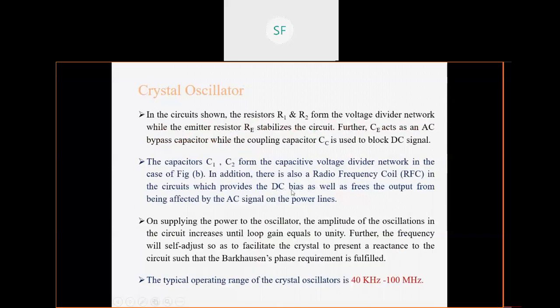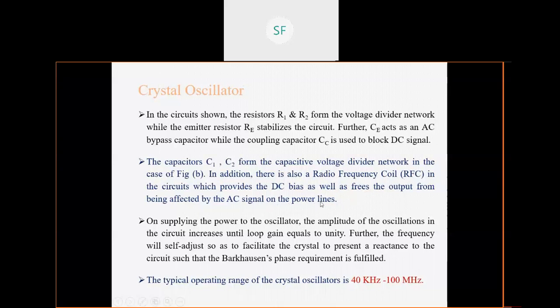It provides DC biasing as well as it frees the output from being affected by the AC signal on the power line. If AC signals come onto your output, then that may harm your oscillations, right, because at the output you will get AC oscillations, and if external noise is added there, then that noise is removed by this RFC.